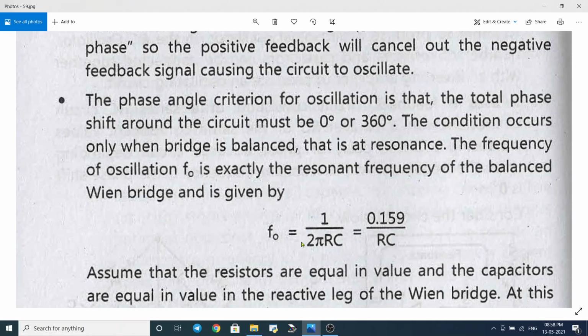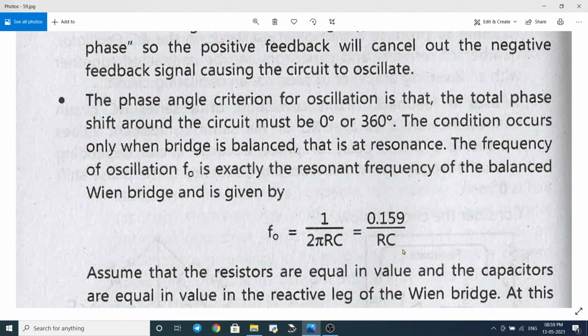If we substitute the value of 2 pi, we know pi is 3.14. So 1 upon 2 pi is 0.159 upon RC. So the output frequency of the Wien bridge oscillator is 0.159 upon RC.